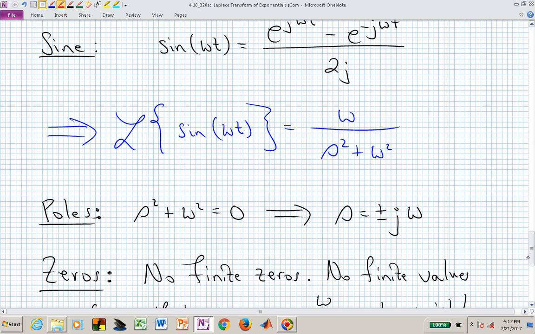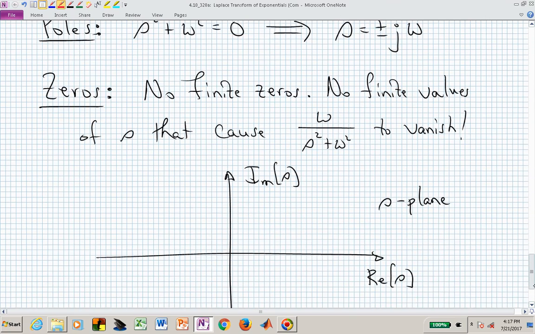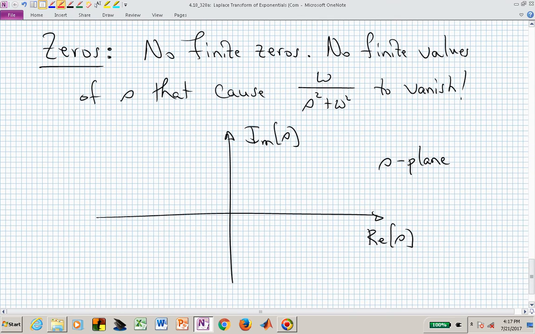The zeros: what are the finite values of s that cause the numerator to vanish? Well, there's no s in the numerator. There are no finite zeros. There are no finite values of s that cause omega over s squared plus omega squared to vanish. Now we can sketch the pole zero diagram for the Laplace transform of the sine waveform, and now we have j omega and minus j omega.